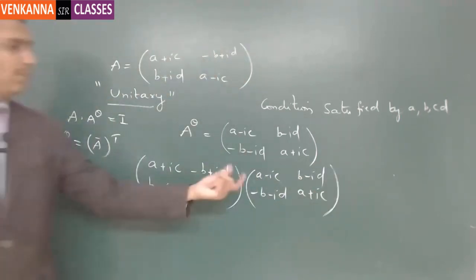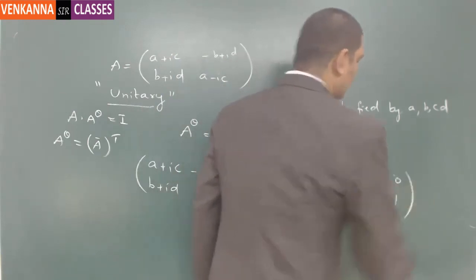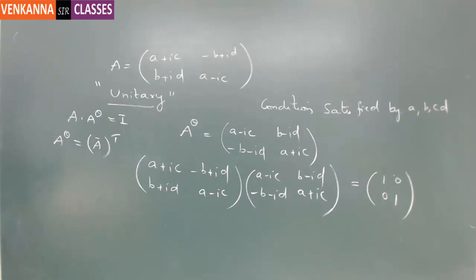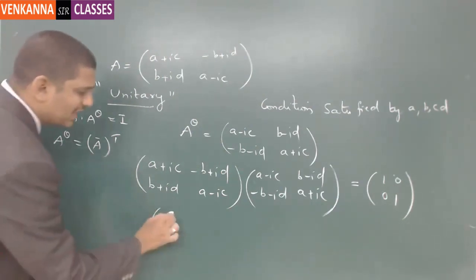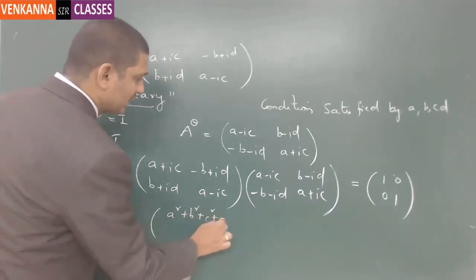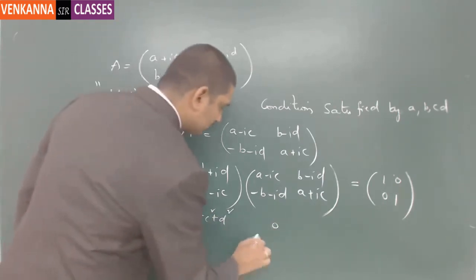So A into A power theta is nothing but the identity matrix. So you will get 1, 0, 0, 1 since it is a 2 by 2 square matrix. So on multiplication, you will get the value as a square plus b square plus c square plus d square here and 0, 0.